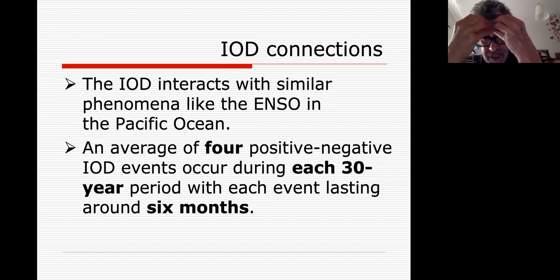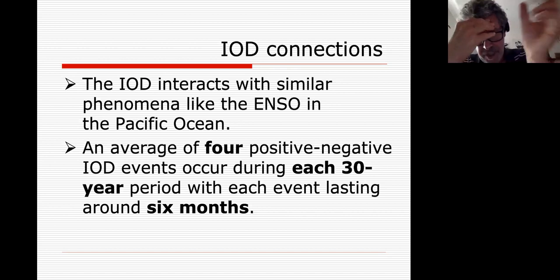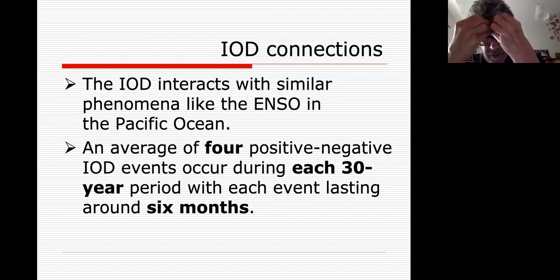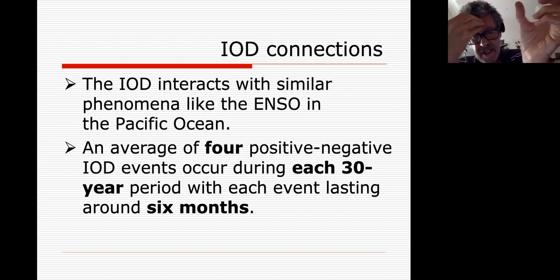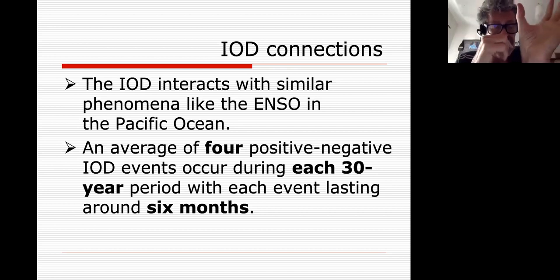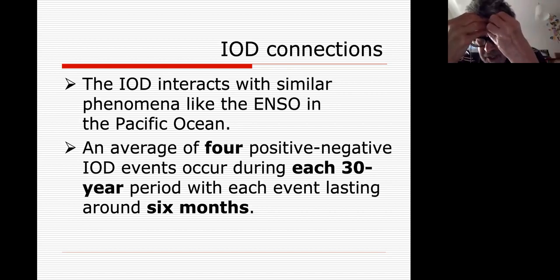How frequently does the IOD have a strong event? We are looking at the temperature gradient. We will see in a while how this is calculated, and looking at these indexes that track the onset and the evolution of the IOD.